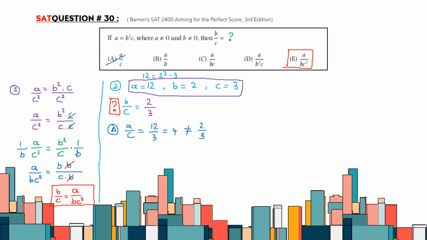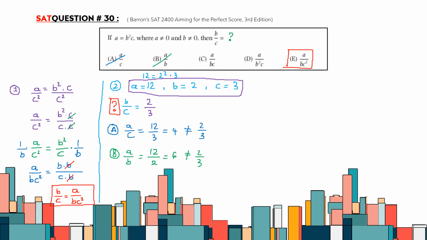Now we try another one, B. Choice B is A over B. A is 12, B is 2, that is 6, which is different from 2 over 3. So B is not the right answer.